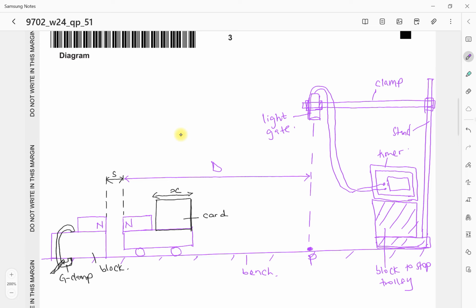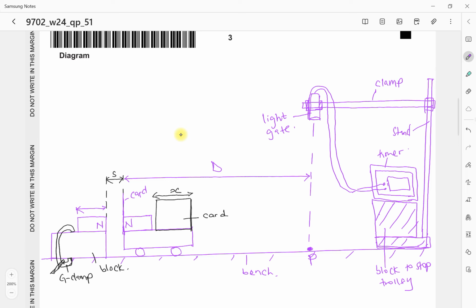The length of the magnet, this was called L. Of course, I may be forced to put a card here to help me in measuring D or in measuring S. So you may put a reference card here to help you measure. So this could also be a card to help you measure distance D. A card attached at the extreme end here.